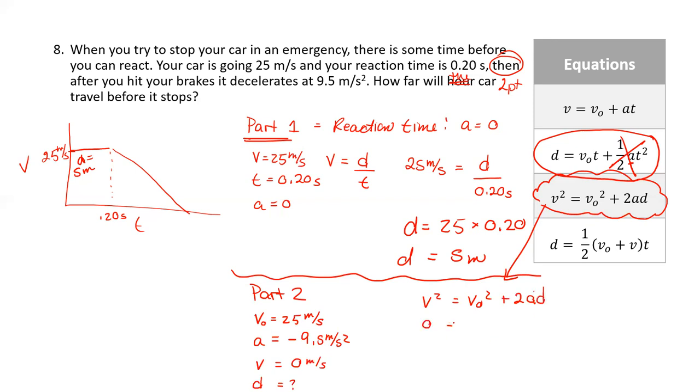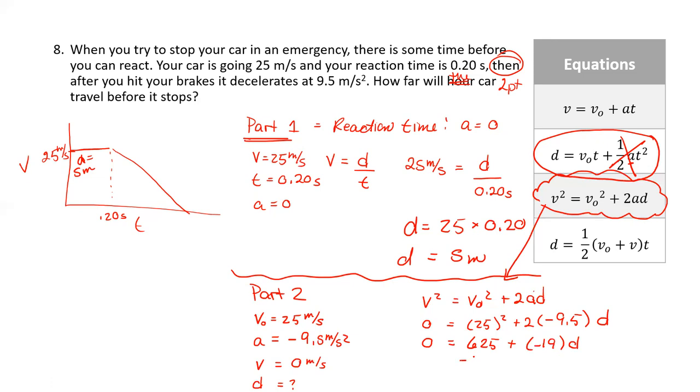So 0 is equal to 25 squared plus 2 times the acceleration, which is negative, so don't forget that negative 9.5. I almost threatened to quit university a few times over negative signs that I missed that made physics questions not work right. So make sure you keep them. So 0 equals 25 squared plus all of this. 25 squared gives me 625, plus 2 times 9.5 gives me 19, negative 19 times d.